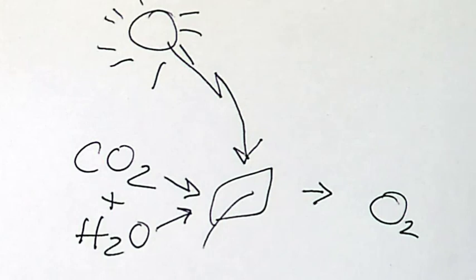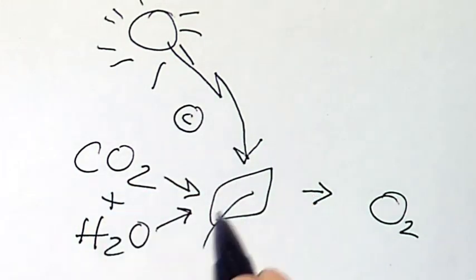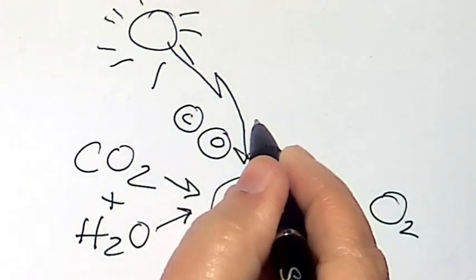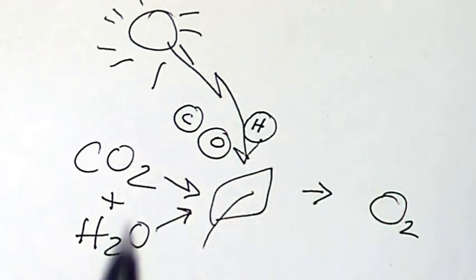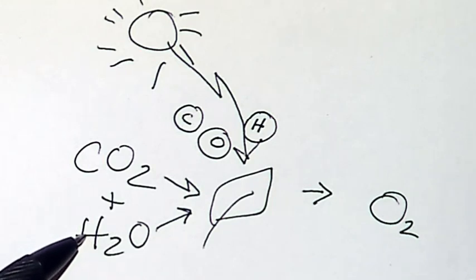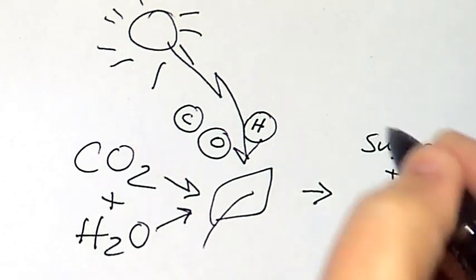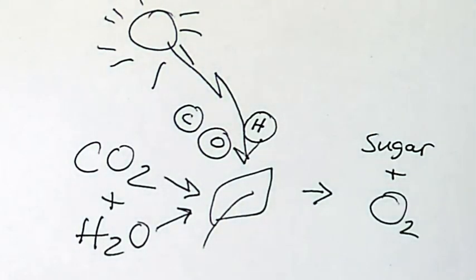We're going to simplify this idea and just say that these atoms, the carbons, oxygens, and hydrogens from carbon dioxide and water, they break apart and reassociate into sugar molecules and oxygen molecules.